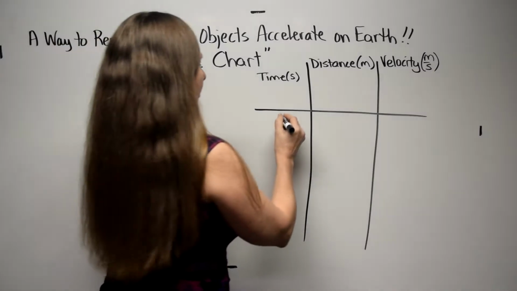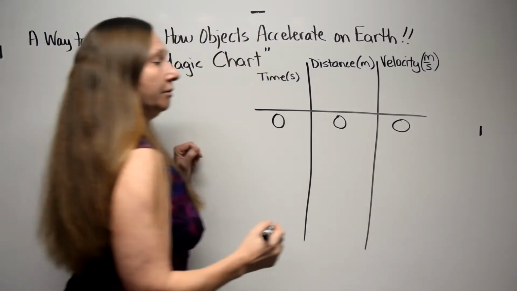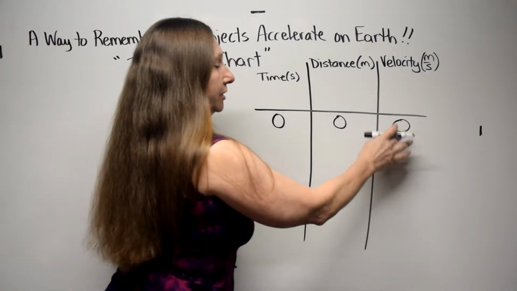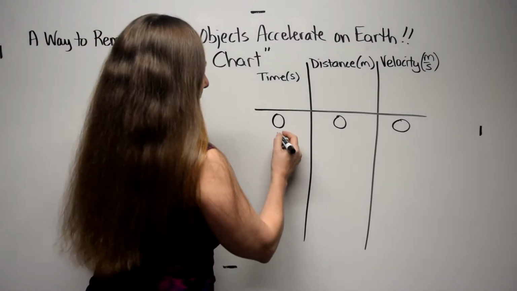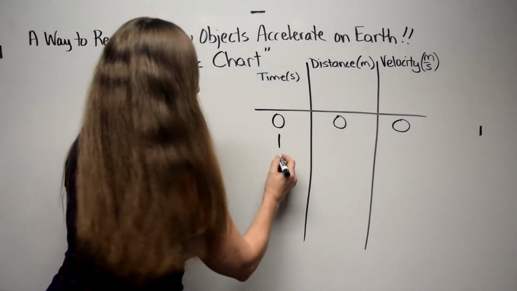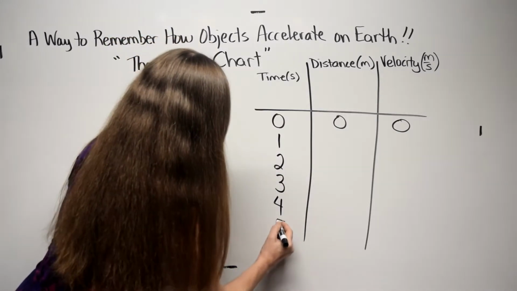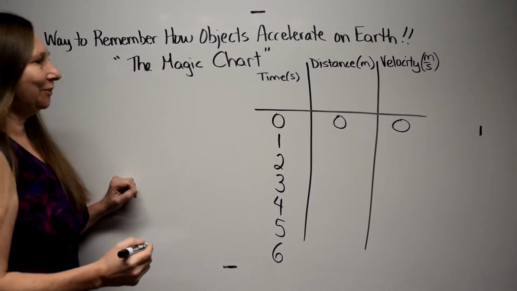Right now, everything starts at 0, time 0, distance is 0, velocity is 0. Remember, the object starts from rest, so the initial velocity here is 0. Right now, time can be 1 second later, 2 seconds later, 3 seconds later, 4 seconds later, 5 seconds later, or 6 seconds later. All right?